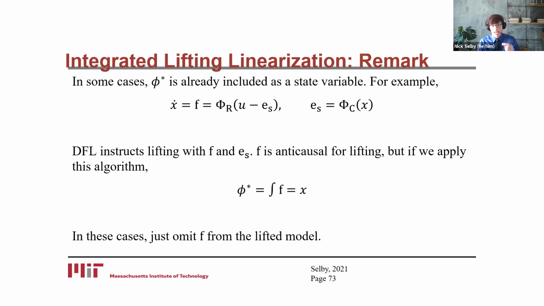However, the integration of f based on this integrated lifting linearization algorithm is the same as state x. And therefore, the integrated auxiliary variable does not make any meaningful contribution. So the IL2 algorithm just instructs ignoring f altogether.